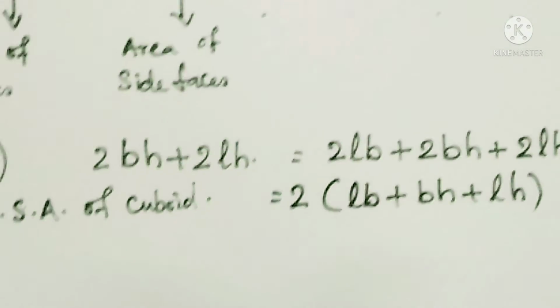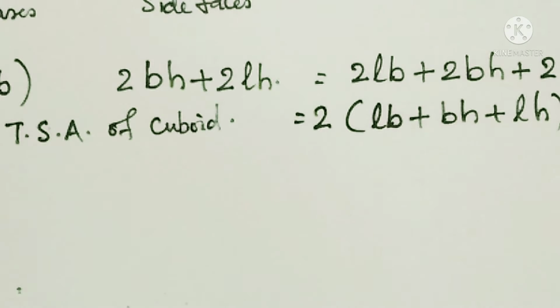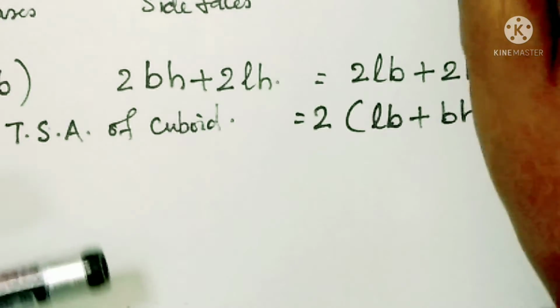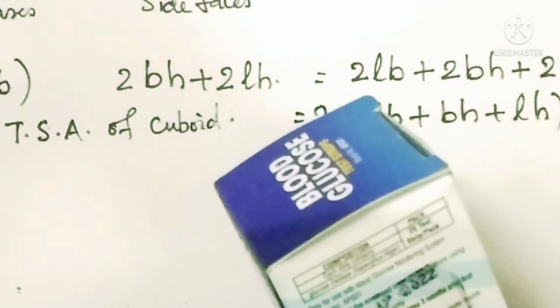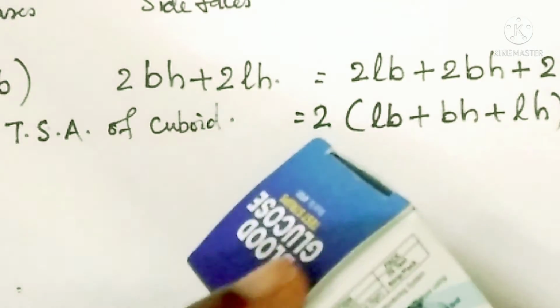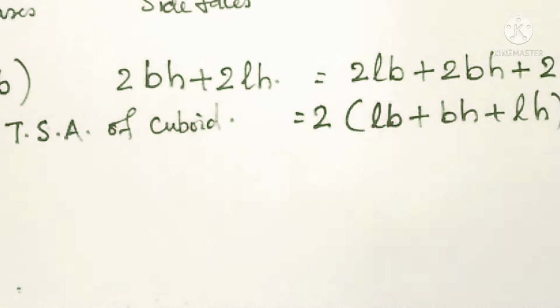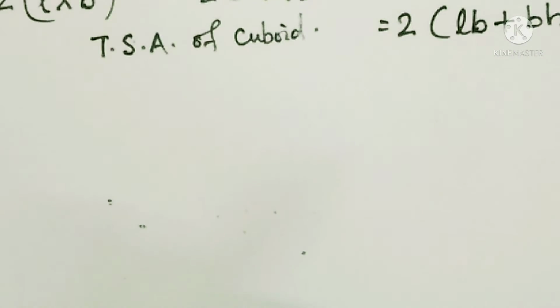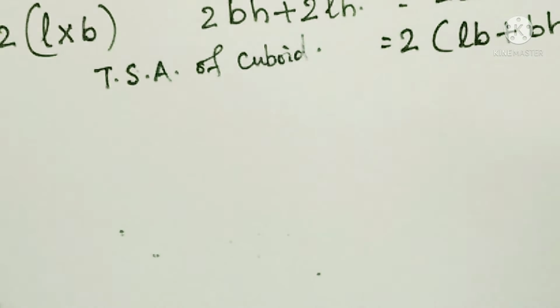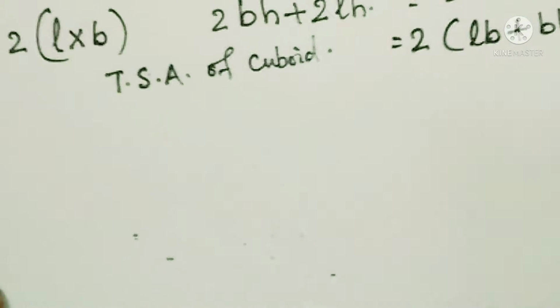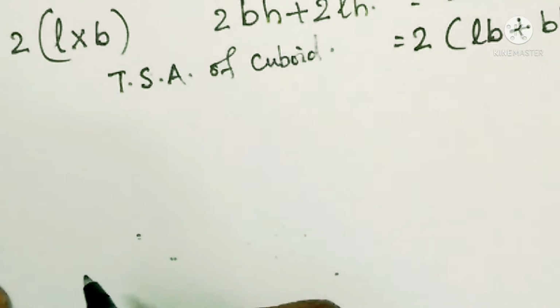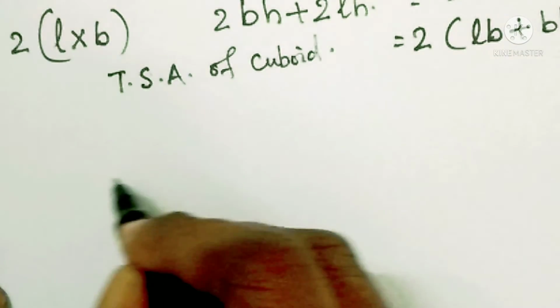Actually I don't have a cube, otherwise I could have shown that too. But for a cube also the concept is the same. Instead of a long one, you have all 6 sides the same. Each face will be a square, so one face area will be side into side.